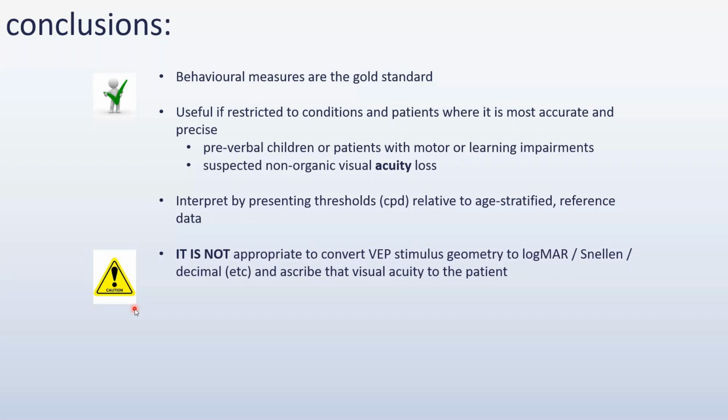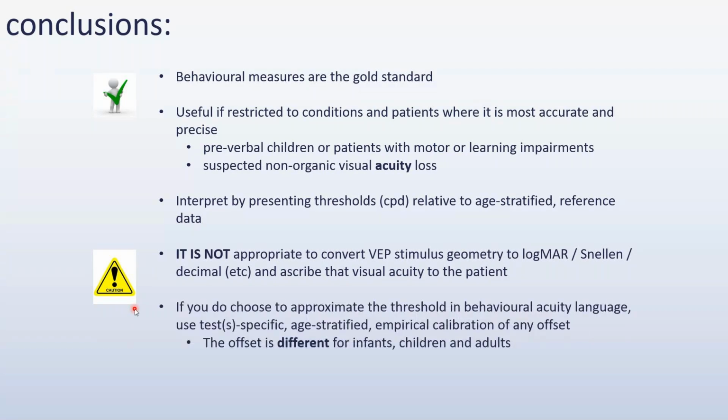For example, for adults, this inappropriate conversion would underestimate an adult's likely chart acuity by about 0.3 logMAR, by about an octave. And even worse, if you undertook this in an infant, you could be overestimating an infant's acuity by about a log unit, which could, of course, have disastrous consequences for their management.